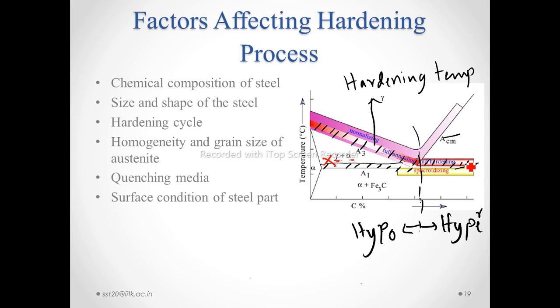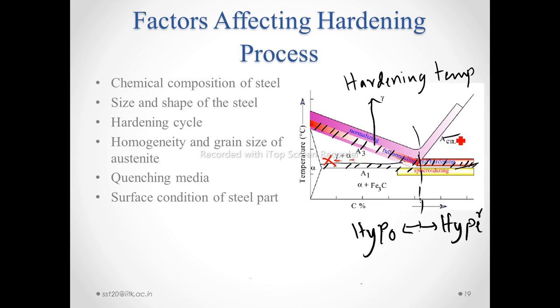So for the hypereutectoid steel, we are heating in between the upper critical temperature and the lower critical temperature. That is the ACM line and the A1 line, right?